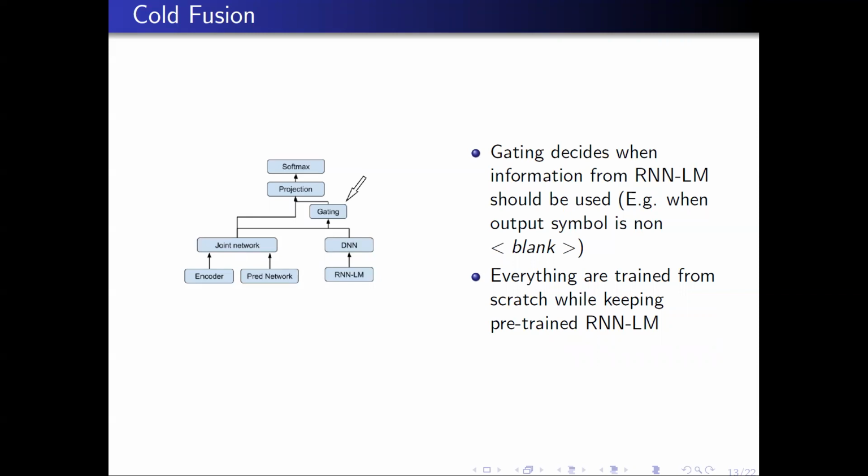The gating component decides when the information from the external language model should be used, for example, when the output symbol is non-blank. Everything is trained from scratch while keeping the pre-trained language model.